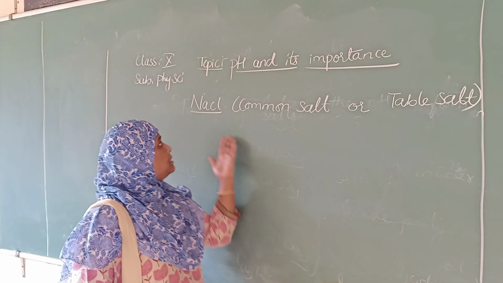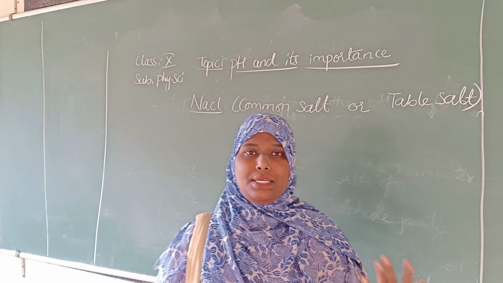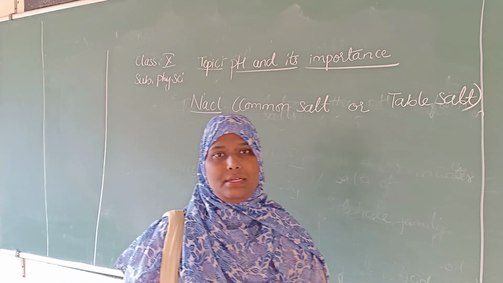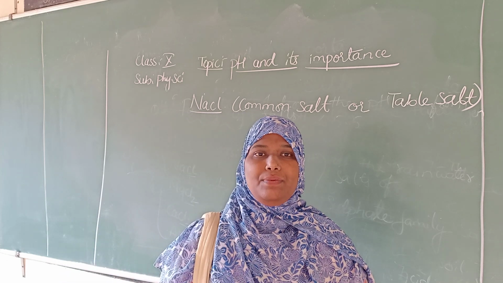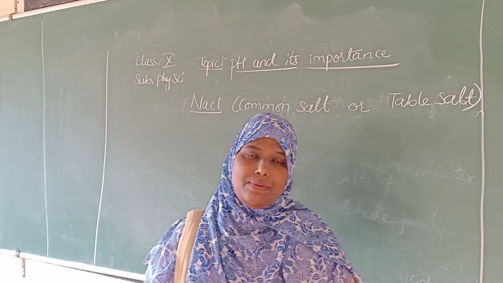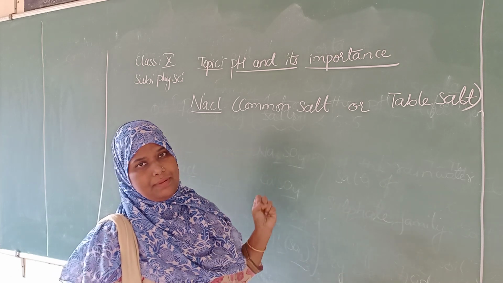As well as, sodium chloride can be prepared by the evaporation of seawater. Seawater contains a large amount of salt dissolved in it. So whenever the seawater is subjected to evaporation, it results in the formation of salt. Salts will be left behind.